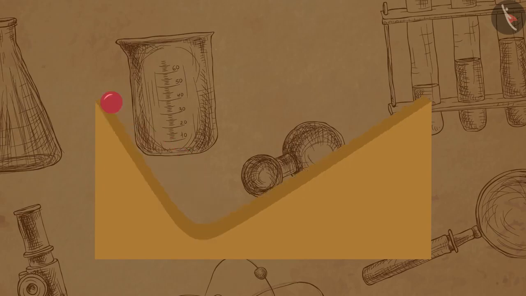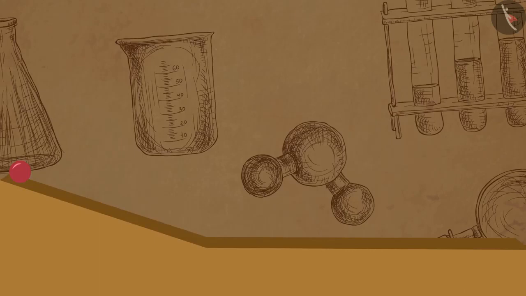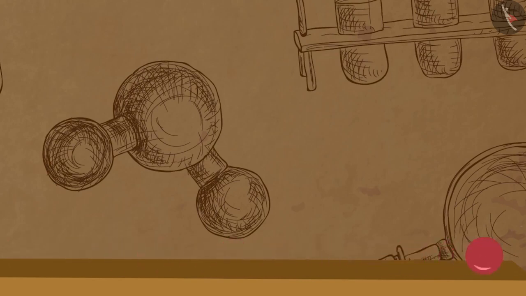If the angle of inclination of the right plane was decreased, then the marble will go a bit further to reach the same height from which it was released. If the slope is ultimately reduced to zero, then the marble will move forever to reach the height from where it was released. In this case, the unbalanced force working on the marble is zero.